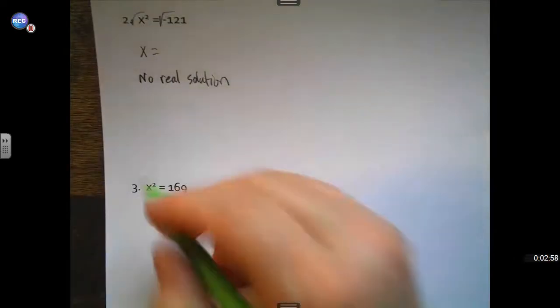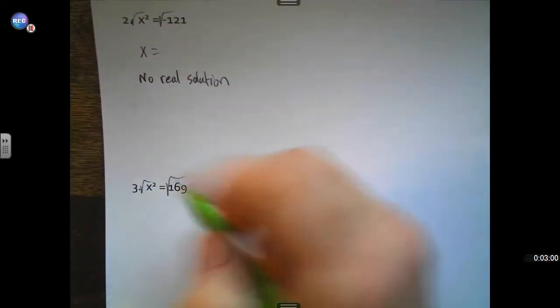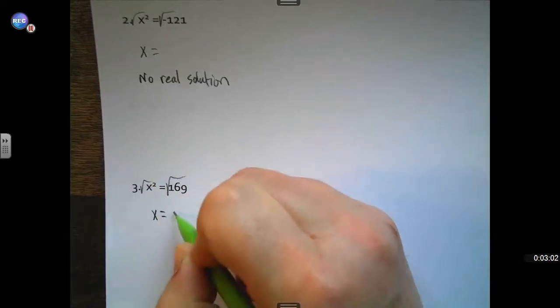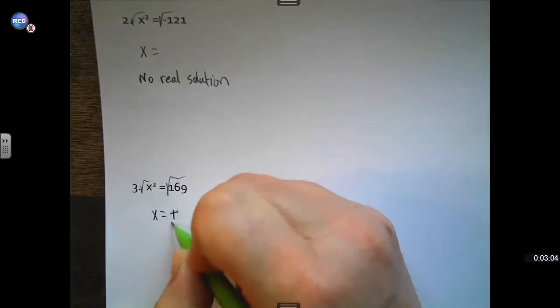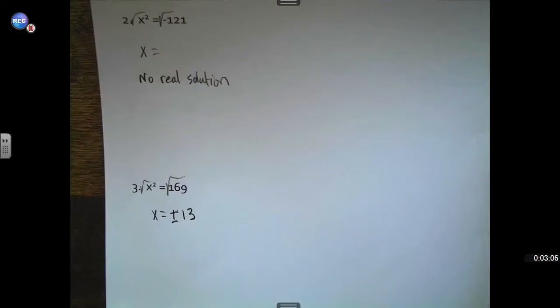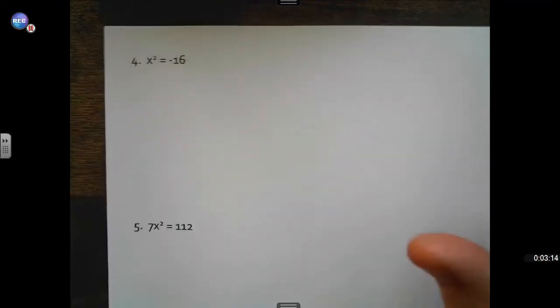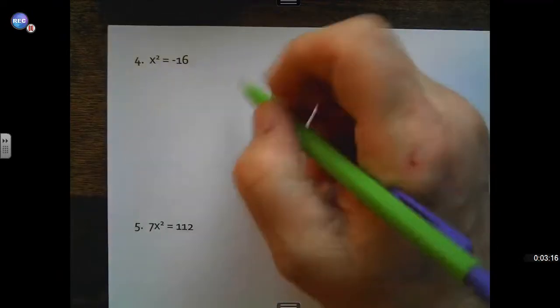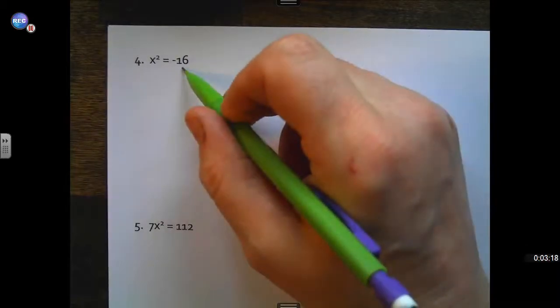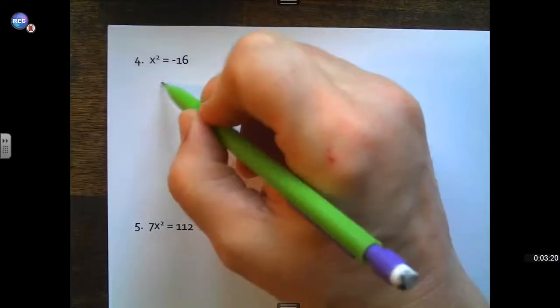Take the square root of both sides here, and we get x equals plus or minus 13. Or you can write positive 13, negative 13, whatever you want. Square root both sides on this one, because that's a negative 16 over there, has no real solution.